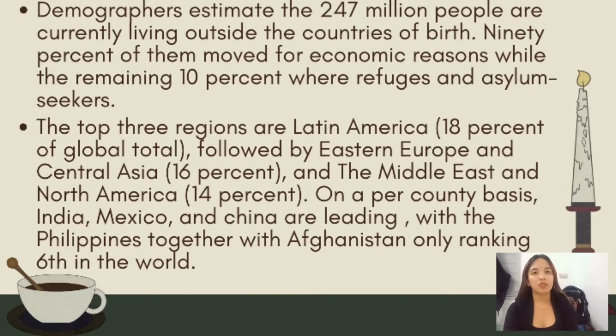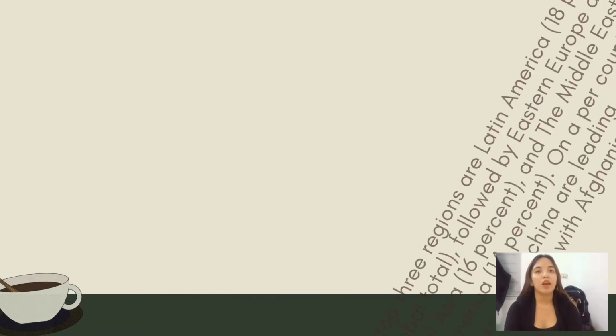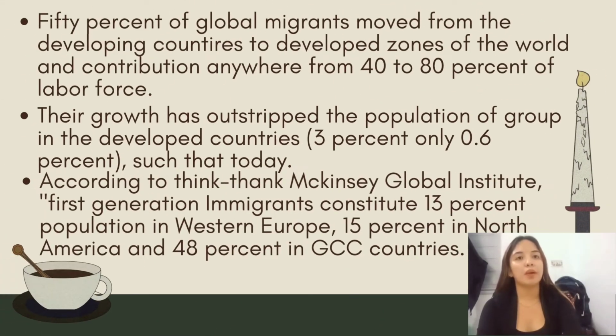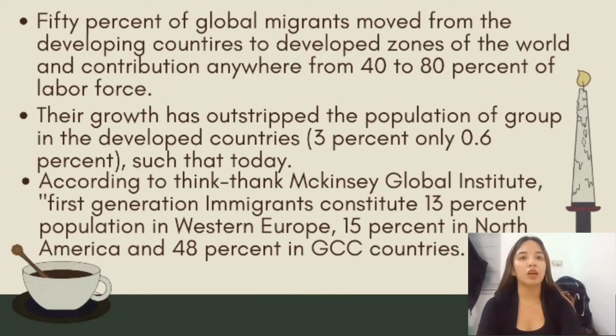The top 10 country destinations of these migrants are mainly in the West and the Middle East, with the United States topping the list. 15% of the global migrants have moved from developing countries to developed zones of the world and contribute anywhere from 40% to 80% of their labor force.